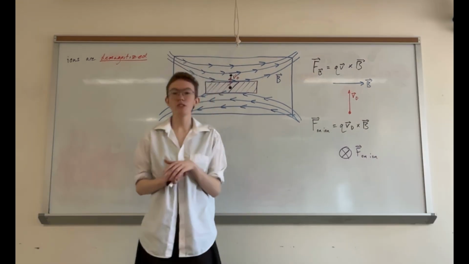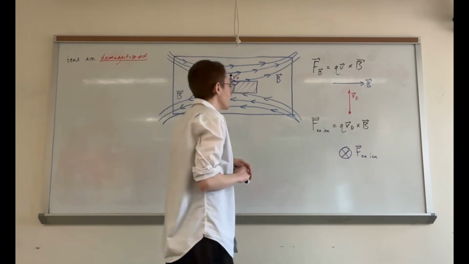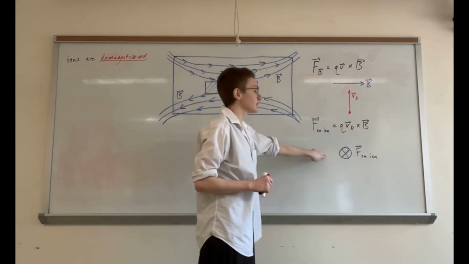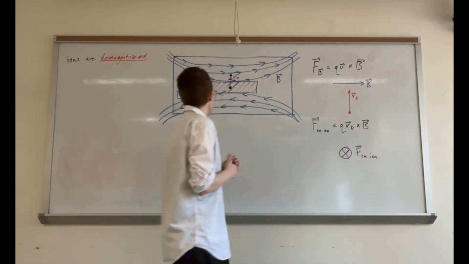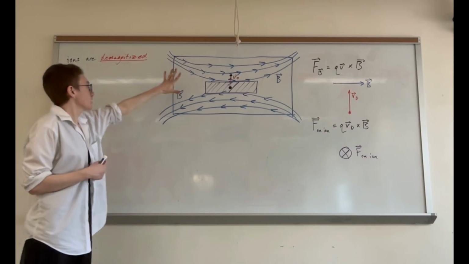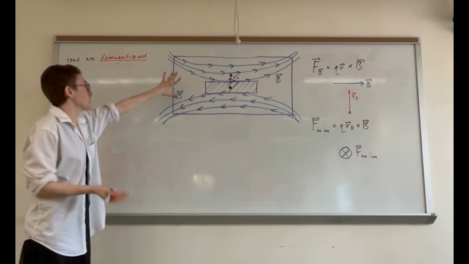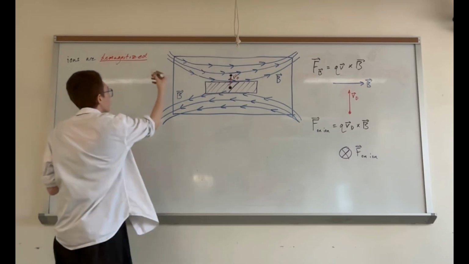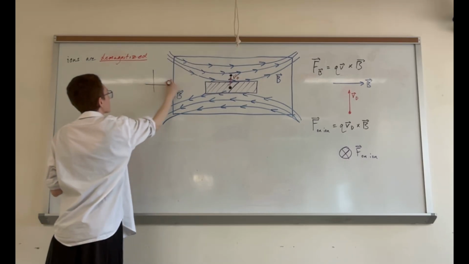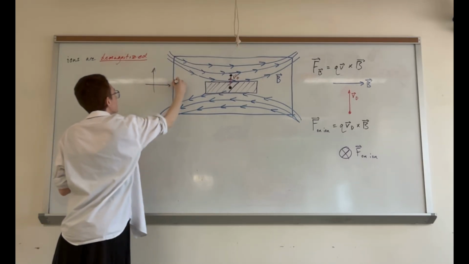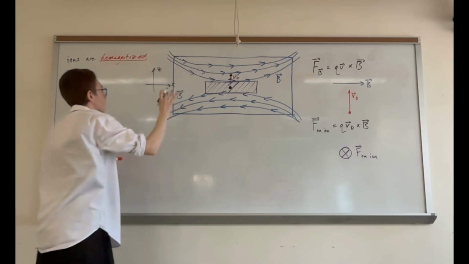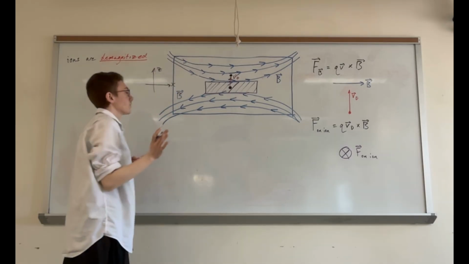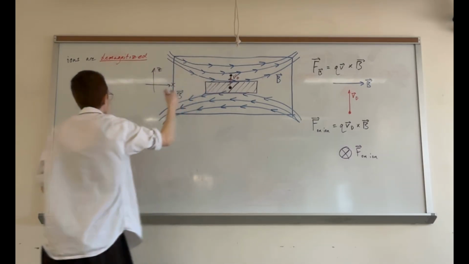Okay, so what does this have to do with the Hall effect? So we know that the ions are going to be accelerated this way into the board. So let's take a look at this and flip it. So right now, let me add some axes here. Call this X, Z, we're looking at the XZ plane. Let's look at what's going on in this slice.